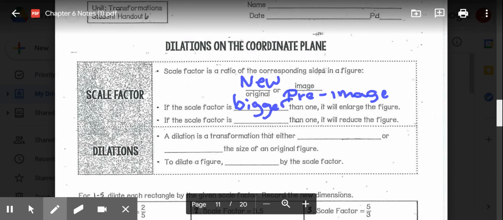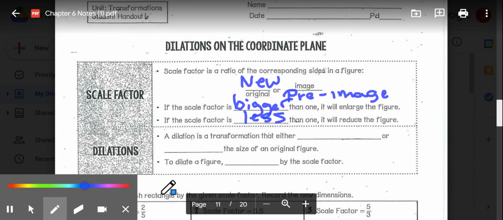So if you have a scale factor bigger than 1, it's making your image bigger than your pre-image. And if your scale factor is less than 1, it will reduce the figure or make the figure smaller than the original was.